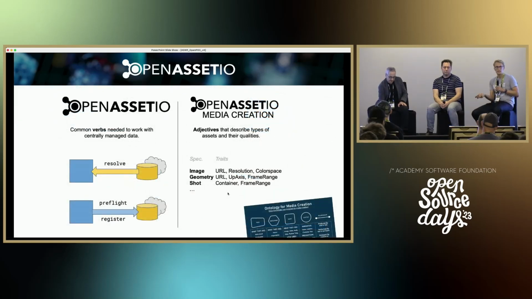And the way we've done this is we've kind of split it into two components. And this was where we kind of had this double alignment with the vision that we talked about earlier, which was the core library itself is really about establishing the verbs around creating assets, learning about which ones exist, and querying data. And then the second part of this, and this is where it gets a lot more contentious, is what types of things do we have?